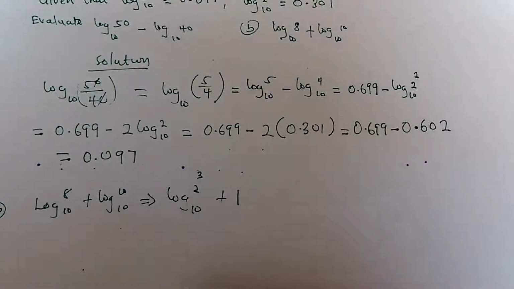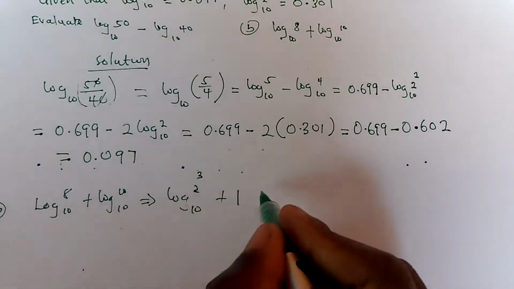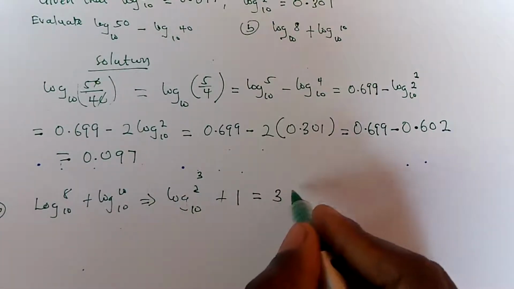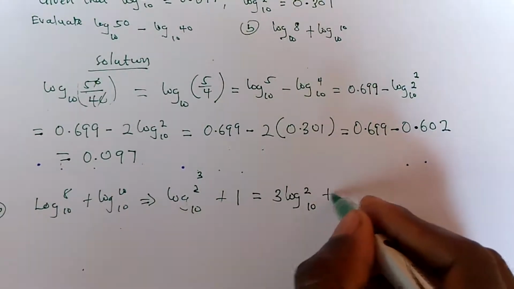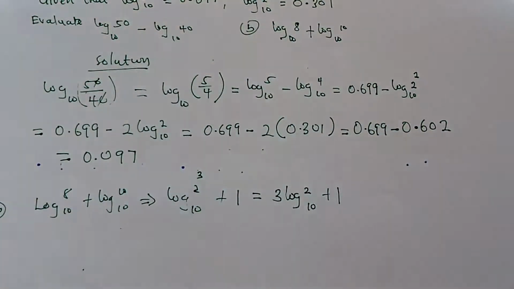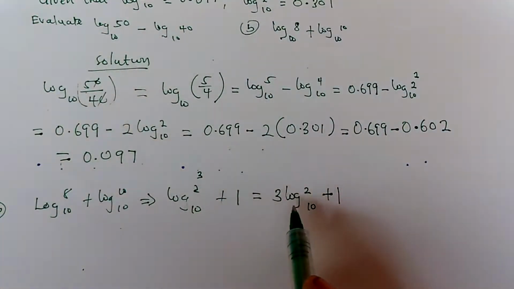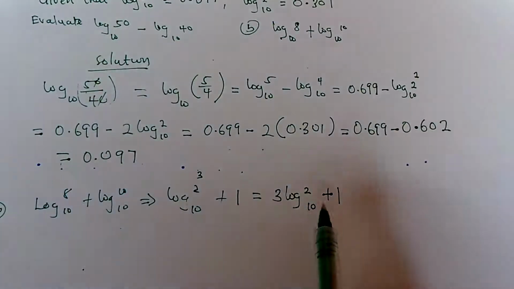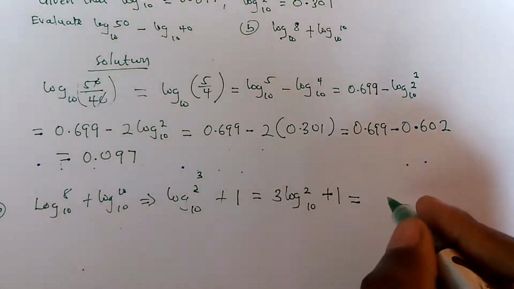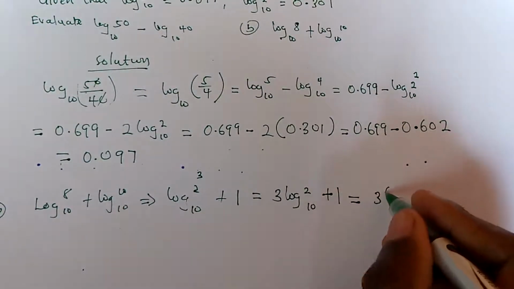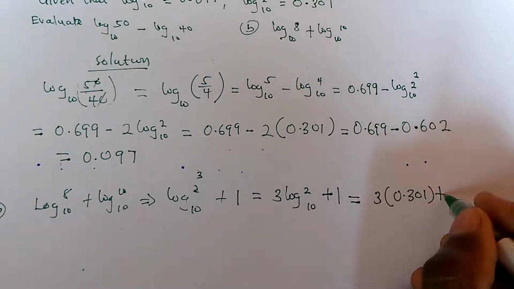So how do we do it next? The 3 here falls back according to the law of logarithm. So I will have 3 times log 2 to the base 10 plus 1. What is the value of log 2 to the base 10? It is 0.301. So we compute everything and we are getting 3 multiplying 0.301 plus 1.